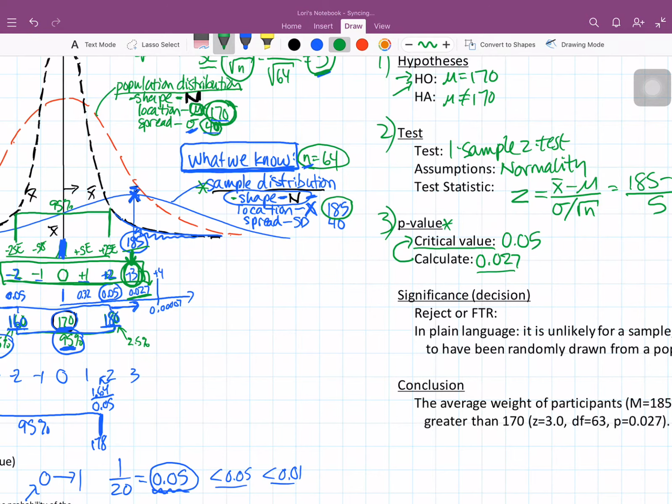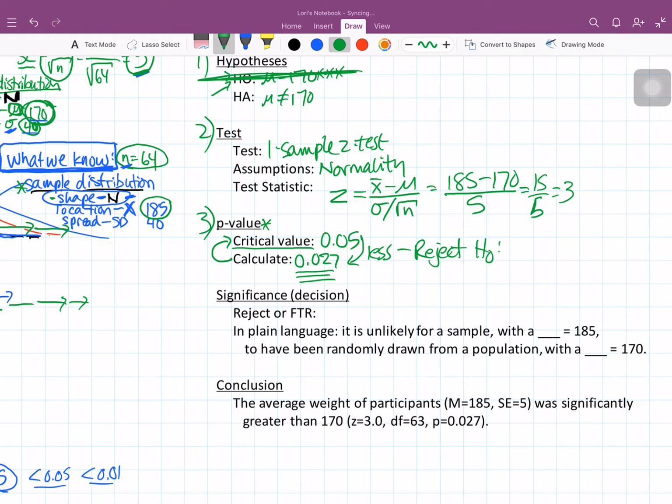So the bigger the difference between our sample value and our test value, 185 and 170, the more likely it is that you will say, no, I do not believe this null hypothesis is true. And so whatever critical value you decide on, if this number is less, that means that you reject the null hypothesis.